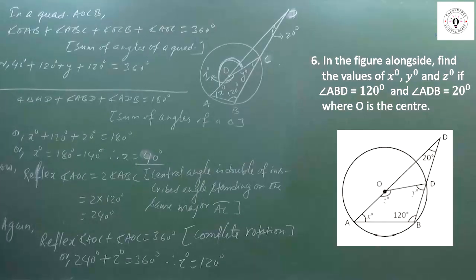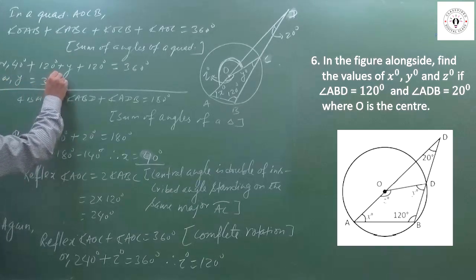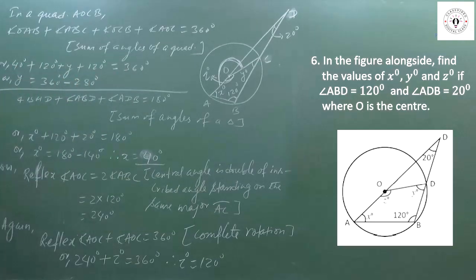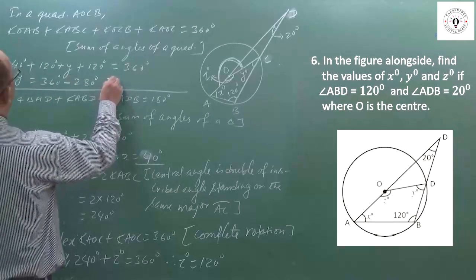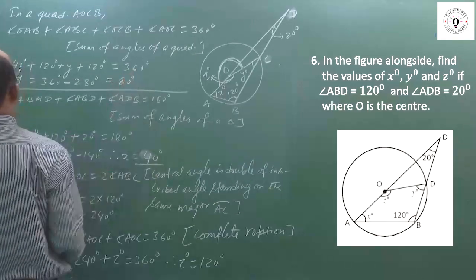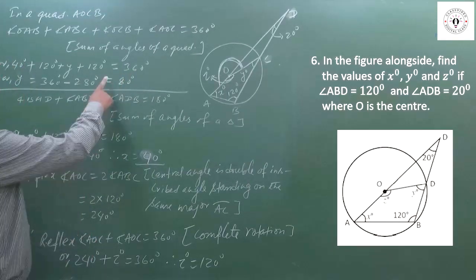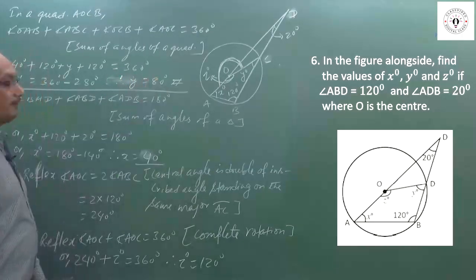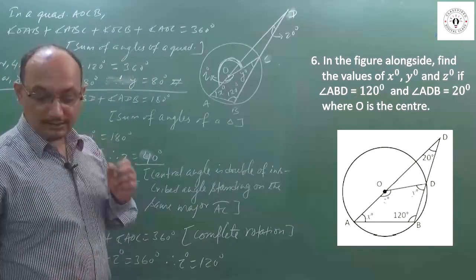Now 120 plus 120 becomes 240. 240 plus 40 is 280. When 280 goes on the right hand side, it becomes minus. So Y equals 360 minus 280, which is 80 degrees. Therefore, Y equals 80 degrees. We have solved question number 6.